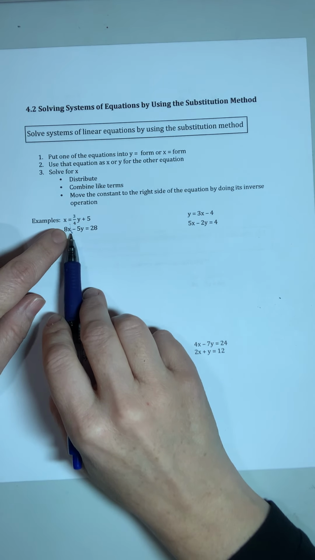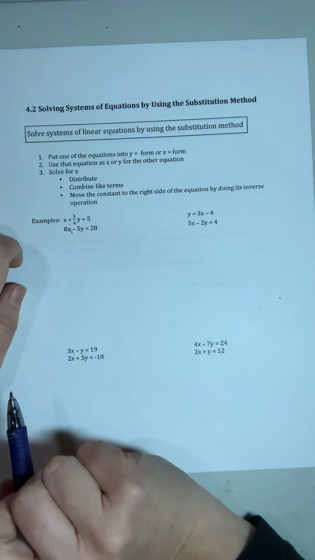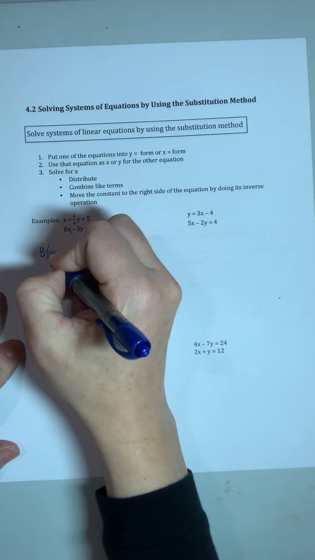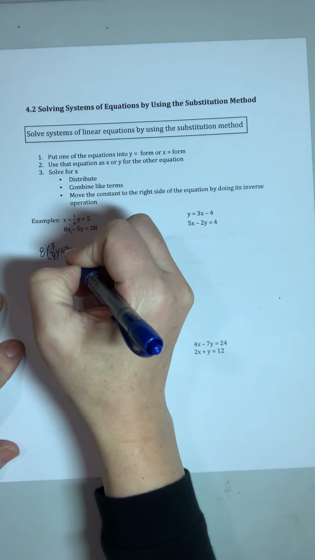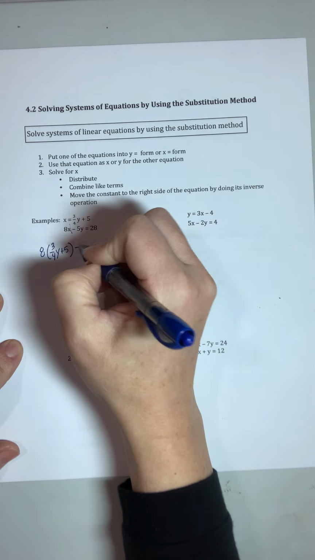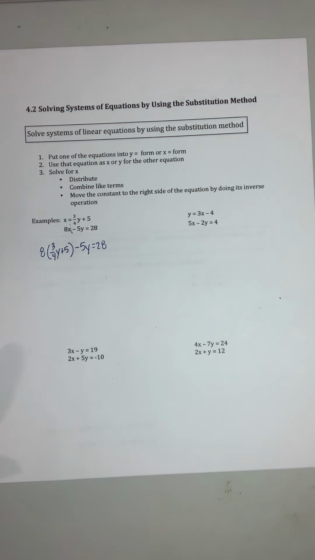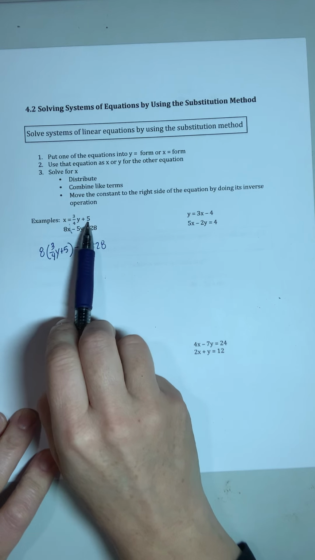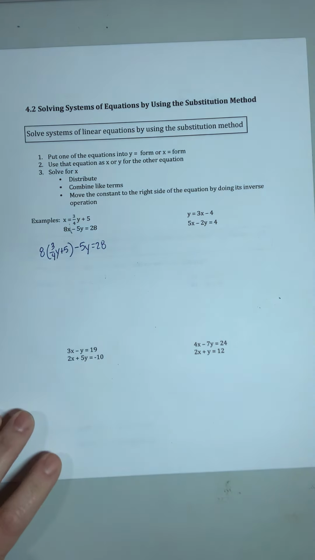So down here, where I see that x, I'm going to replace it with 3/4 y plus 5. So let's do that. 8 times 3/4 y plus 5 minus 5y equals 28. So all I did is I replaced my x with this here, because x equals this.